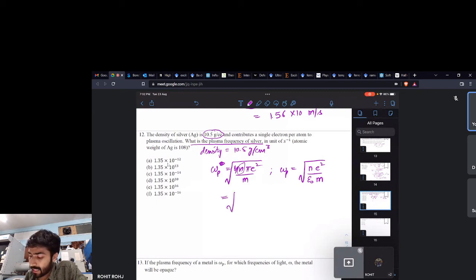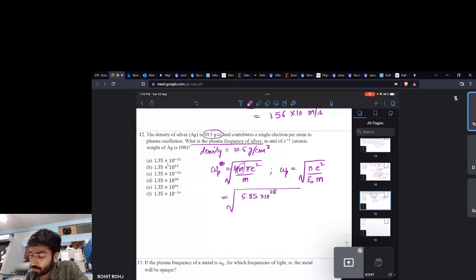Plugging in these values, n can be found in the same way as in the previous question: 108 grams of silver gives you Avogadro number of atoms. So how much would 10.5 give us? That n turns out to be 5.85 into 10 to the power 28.